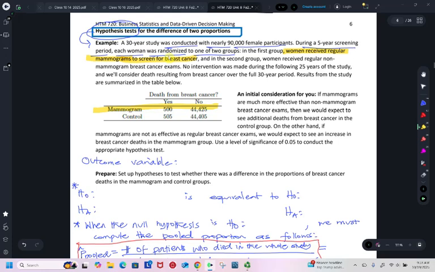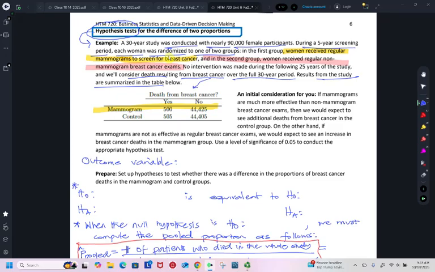And in the second group, women received non-mammogram breast cancer exams. No intervention was made during the following 25 years of the study, and our goal is to consider death resulting from breast cancer over the full 30-year period. Results from the study are summarized in the table below.